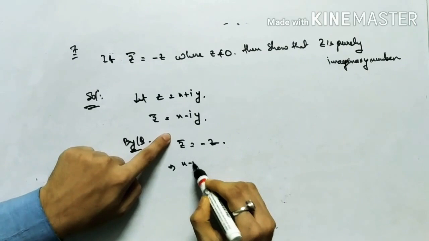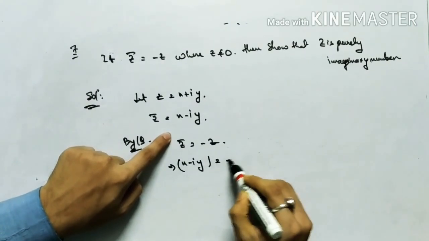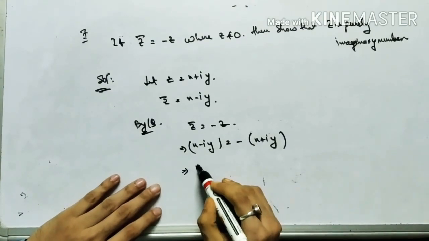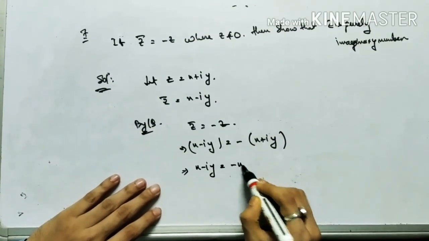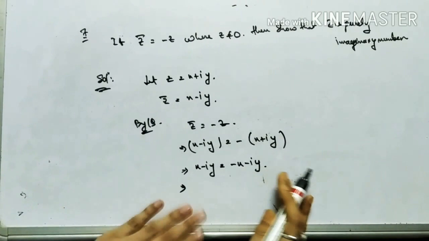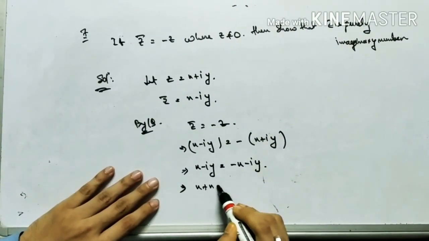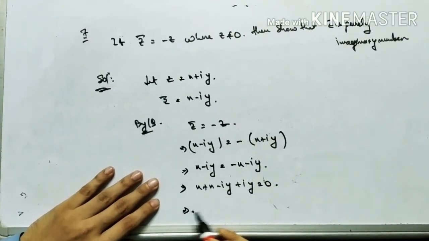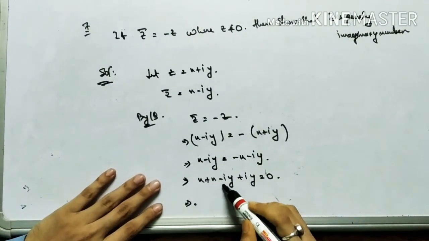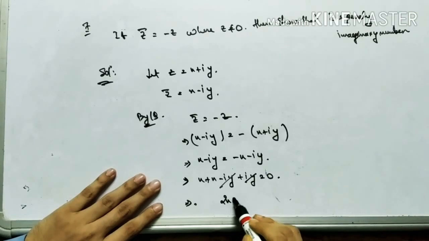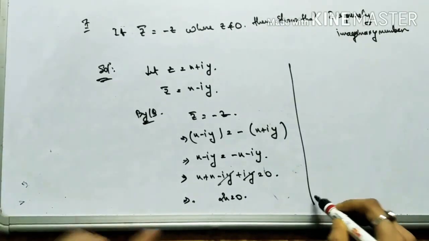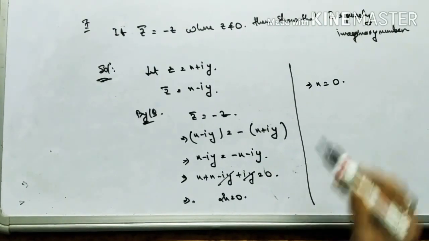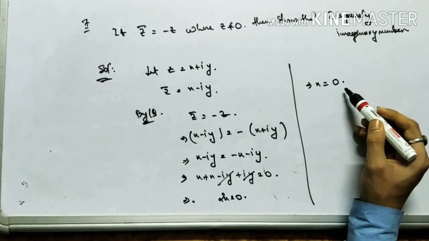So x minus iy is equal to minus (x plus iy), which is x minus iy equal to minus x minus iy. If I bring this side, I get x plus x minus iy plus iy is equal to 0. This one and this one will cancel, so 2x is equal to 0. So x is equal to 0.